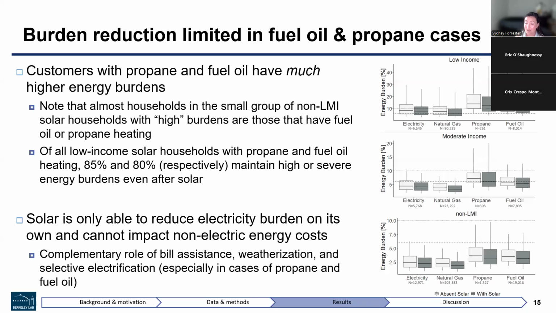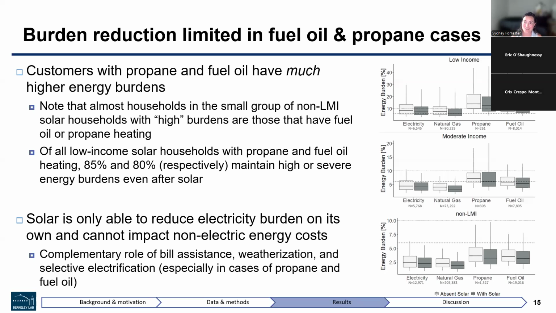So that is a very large driver of the energy costs across income groups. And so then it might make sense that of all of the low income solar households with propane or fuel oil, 85 and 80% respectively maintained energy burden levels higher than that 6%, even with solar.